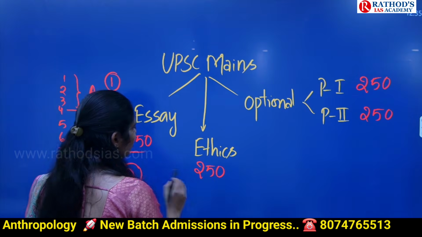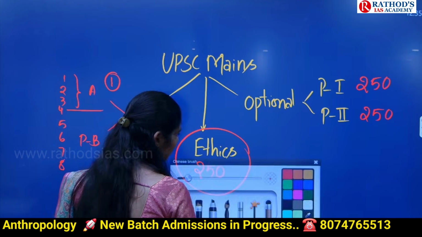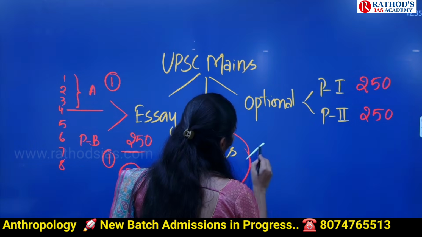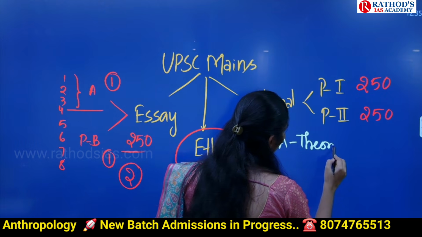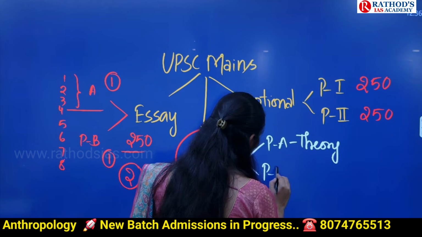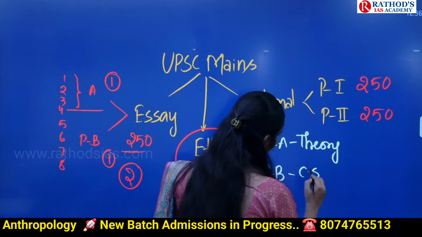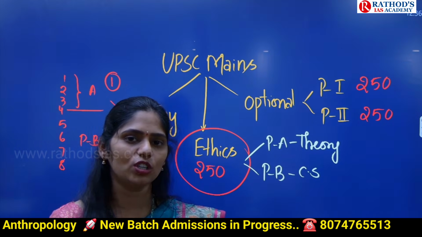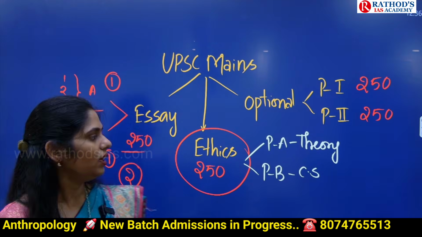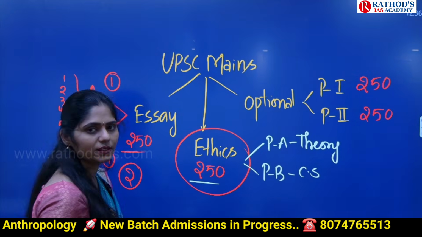In your ethics, you again have 2 parts. Part A includes theory-based questions and part B is your case studies. There will be no choice like in the essay. You have to write all answers and it carries 250 marks.